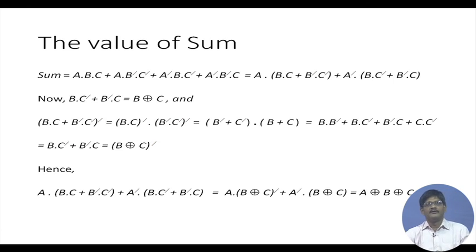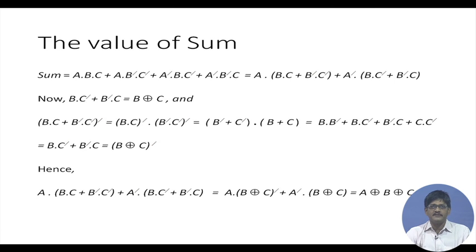So, carry is simplified this way. In the same way, after writing out the expression of sum, we simplify it by taking A common from the first two terms, getting B and C plus B dash and C dash in brackets, or A dash common from the last two terms with B and C dash plus B dash and C in brackets.